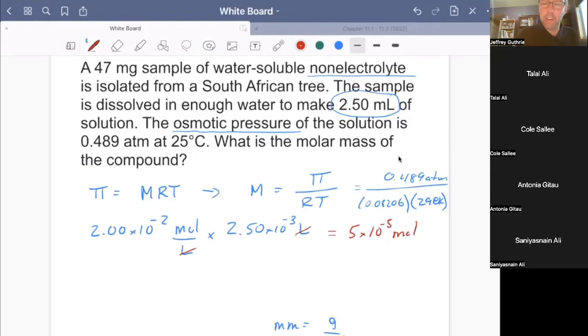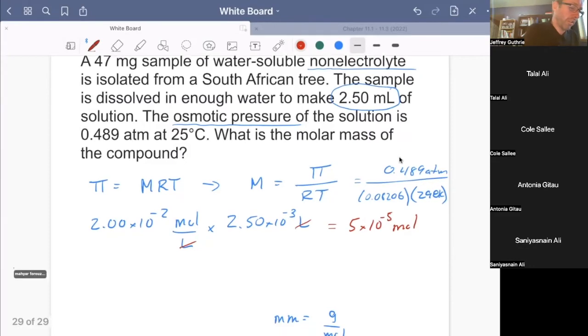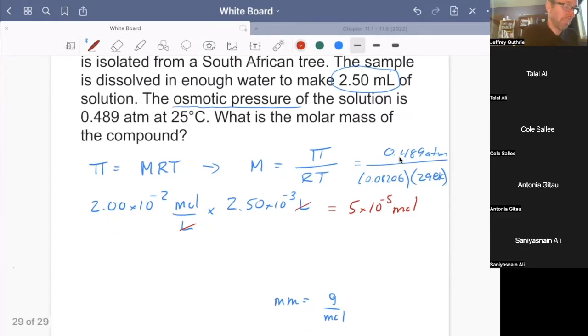But anyway, okay, there's our moles, right? So now if we have moles, how do you think we figure out our molar mass from moles here? What is the next step? We convert the 47 milligrams to grams, then divide that by our moles. 47 milligrams.